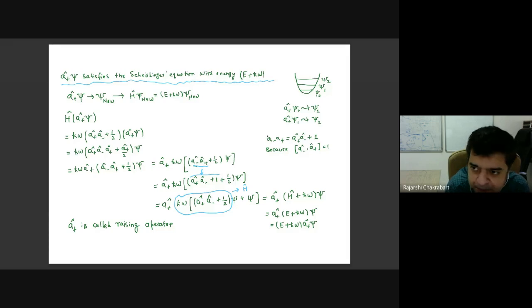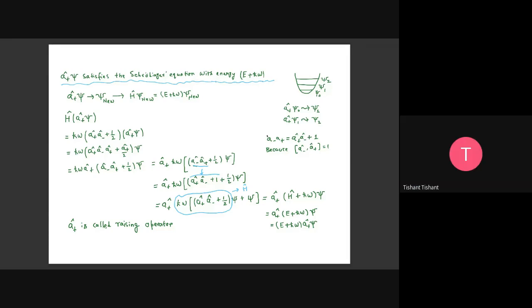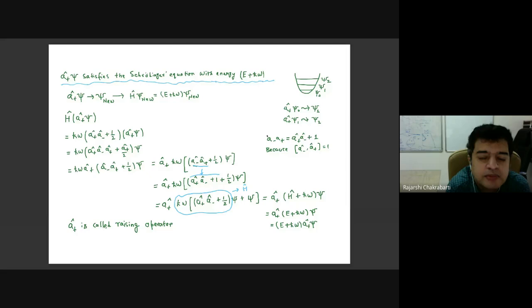Are you guys there? Because I cannot see you when I project. So now if I operate the Hamiltonian on this wave function, I get eigenvalue E plus h cross omega.